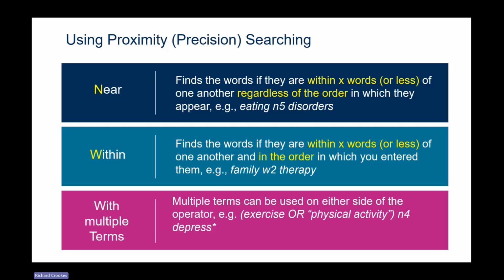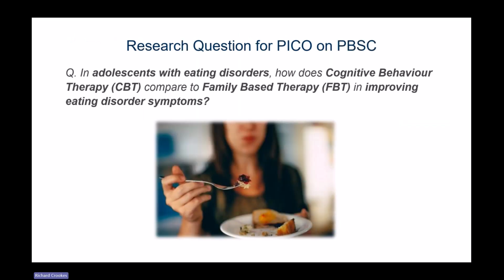For example, you can use exercise or physical therapy activity, and for depress or depression. So I've truncated depress there. So that would be depress, depression, depressed, depressive, but that would be either before or after exercise or physical activity. So within 4 words or less, okay, in any order. So again, some examples there. There are more that we can share if needed.